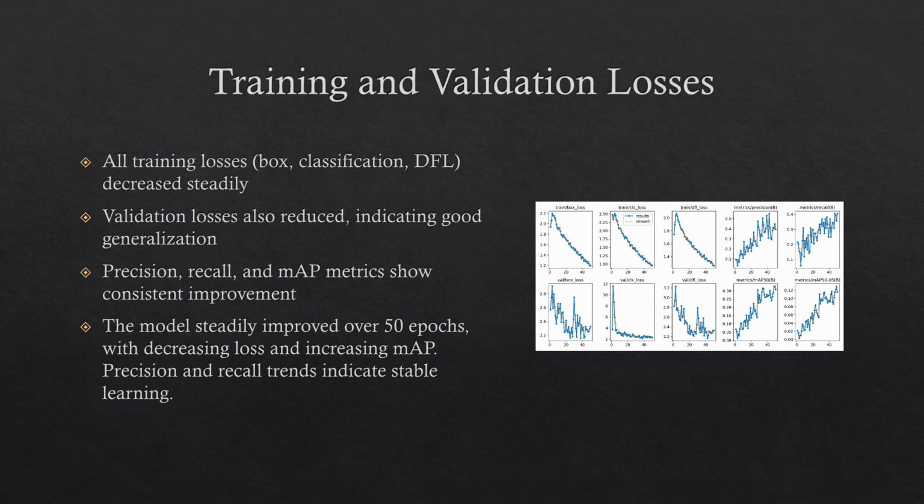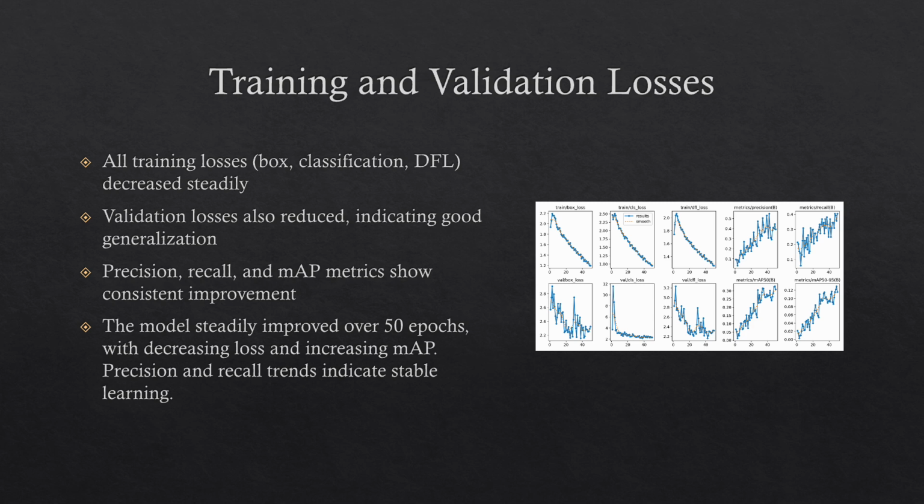The validation losses, which measure how well the model performs on unseen data, also decreased. This means our model is not just memorizing, but generalizing very well. We also tracked metrics like precision, recall, and mAP, that is mean average precision, and those consistently improved across 50 epochs. This shows the model became better and more confident over time.